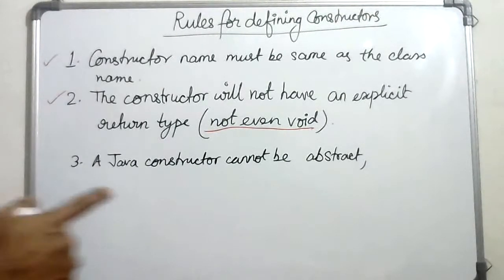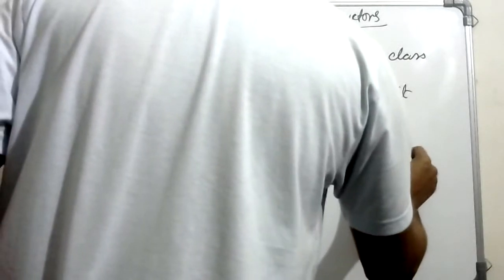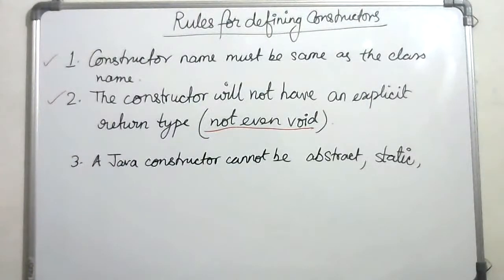It cannot be defined as static. A constructor cannot be static, which means a constructor is always invoked by an object during its creation. Defining it as static would allow it to be called without an object, which is not an option. If you remember the functions of the static keyword, the main function of static was that if a variable or a method is defined as static, it can be called or accessed without using an object.